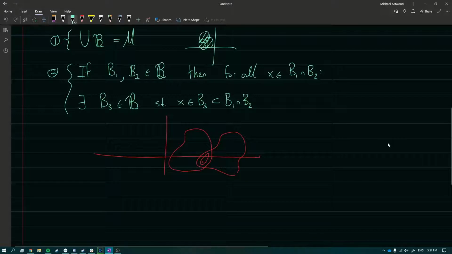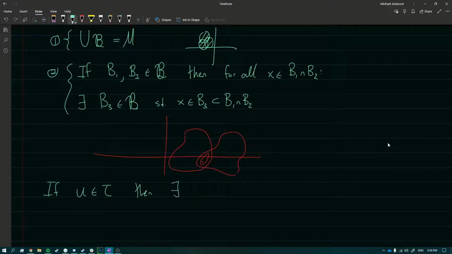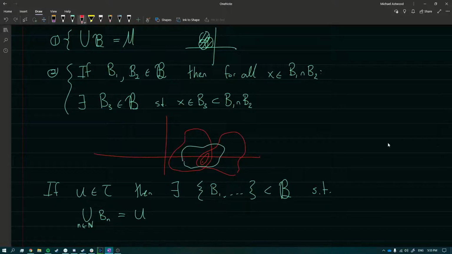So in general, if U is an open set, then there exists some collection of open sets in the base such that the union of all these open sets in the base is equal to U. So this means that if I draw some arbitrary open set, then I can always pick basic open sets that union together to form the larger one.